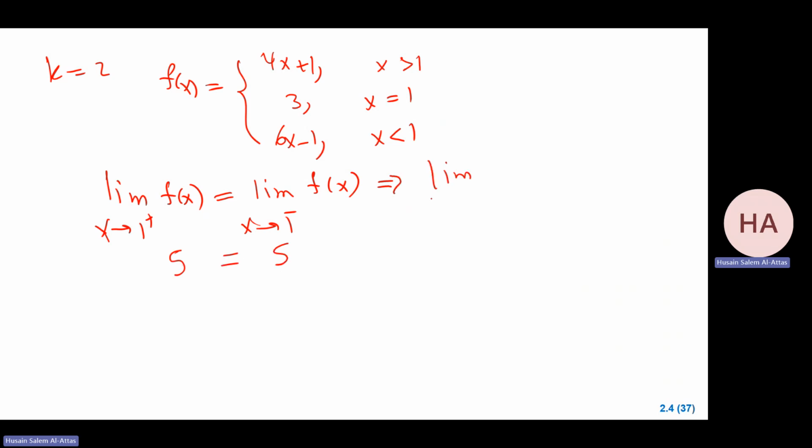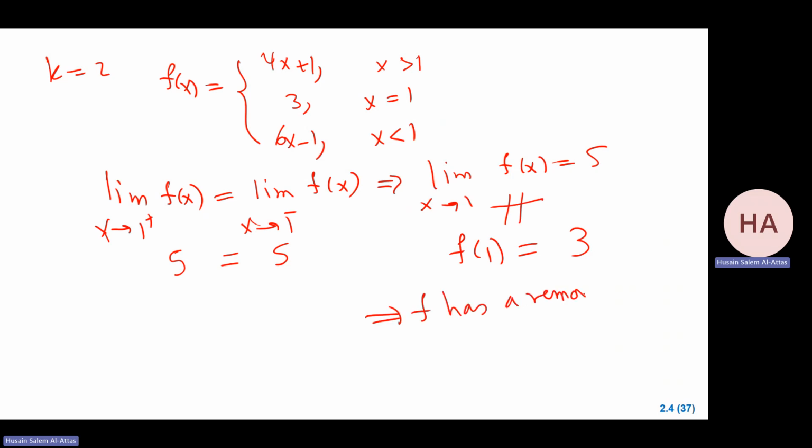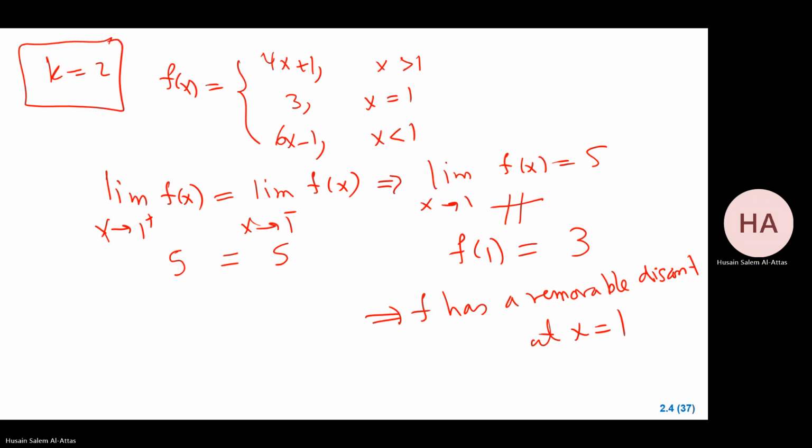So the limit as x goes to 1 is equal to 5. What is f at 1? F at 1 is 3. They're not equal, so f has a removable discontinuity at x equals 1 if k equals 2.